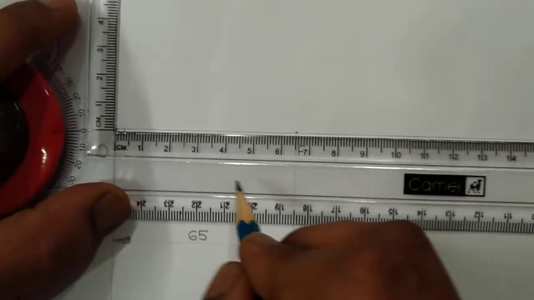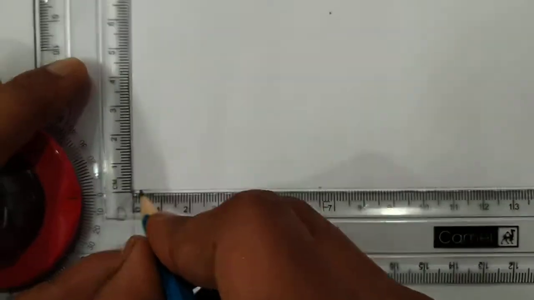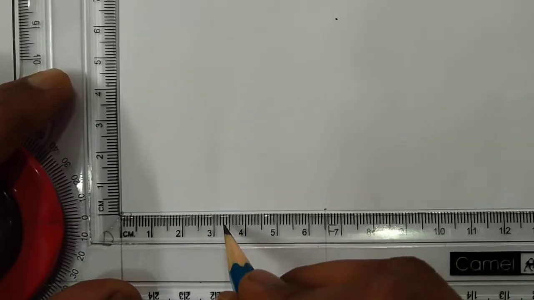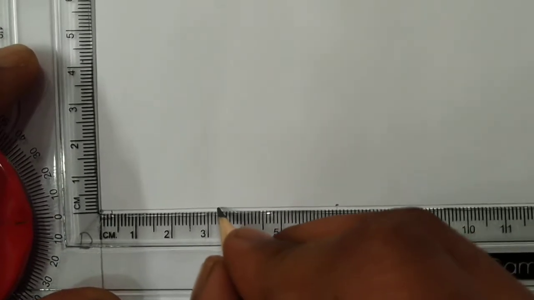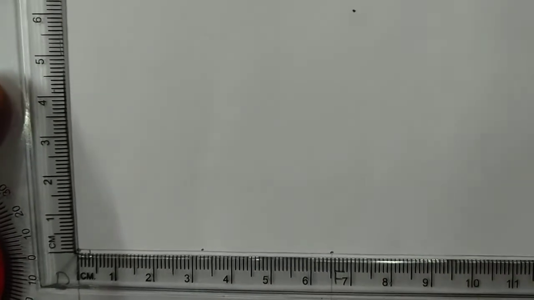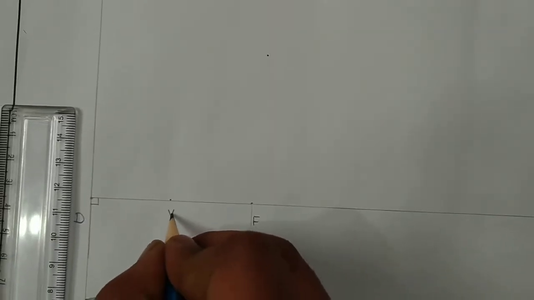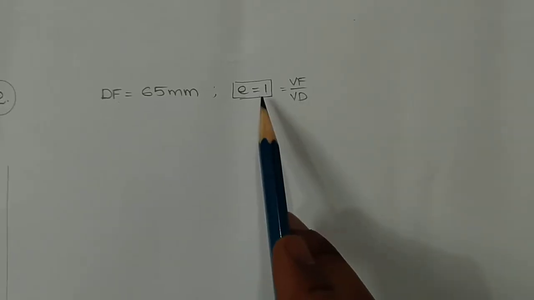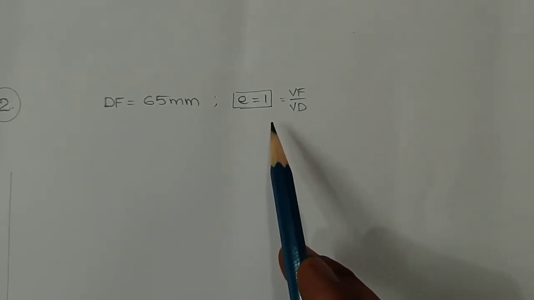This line is 65 mm, so we can mark a point exactly at 32.5, or else you can follow the bisection of a line method, in which we divide the line into two equal parts. Here I can say this is the vertex. So DV is equal to VF, and VF by VD is equal to 1, so that we will get the parabola.